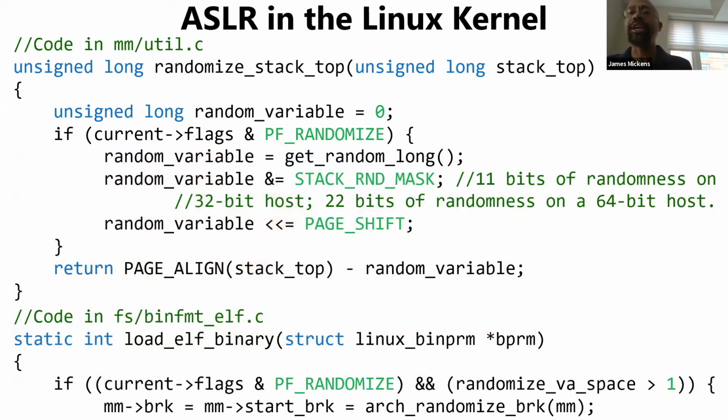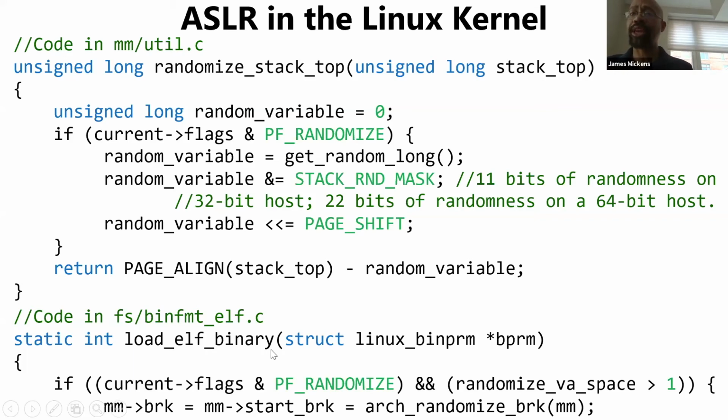Anyways, moving on. If we look in fs/binfmt_elf, once again, this is a function that is called by the kernel when it's creating a process and initializing the address space. We see something similar here with randomizing the break. The break is the starting point for the heap.